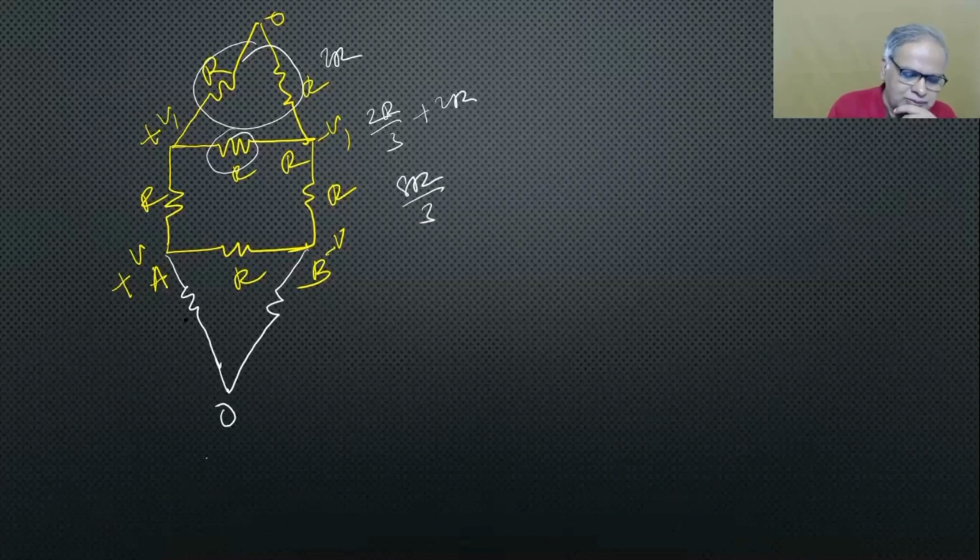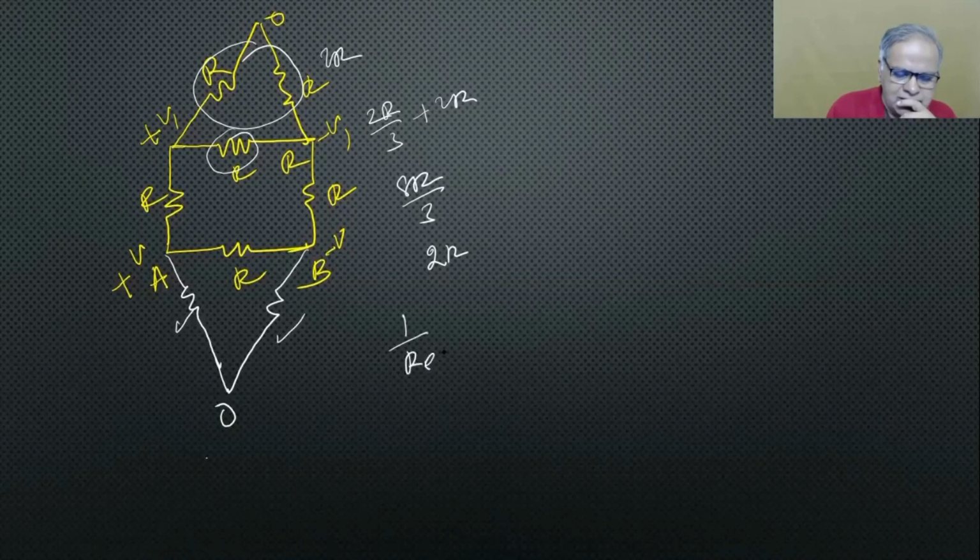This is 2R. Right? So this 2R, 8R by 3 and R are in parallel. Yes, sir. So 1 by R effective equals 1 by 2R plus 1 by R. Actually, I could do simply 2R into R, 2R by 3, straight away.